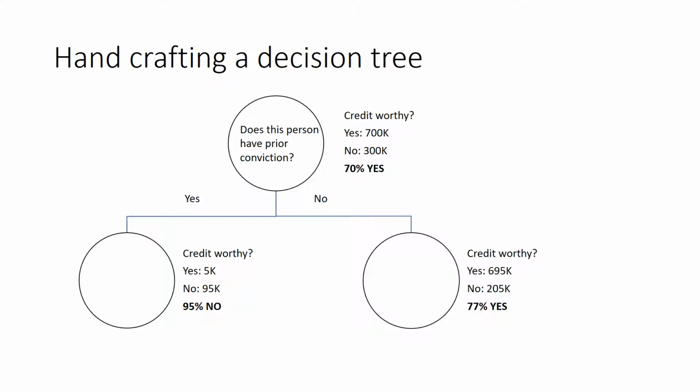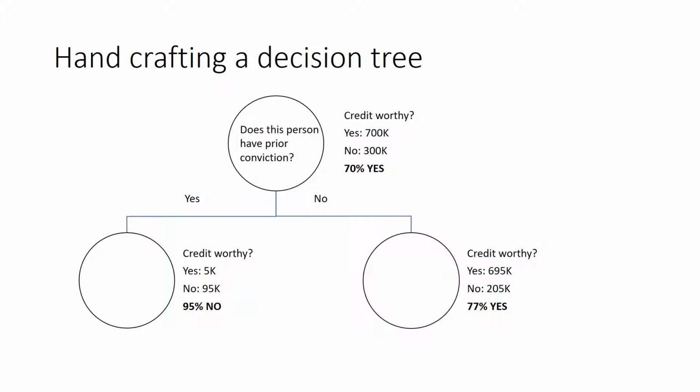Now let's follow the yes branch of this tree. You would find that I have not written anything in the node because I'm not asking any other question yet. I'm just trying to show what happens when I ask this particular question. Let's see how the distribution changes.